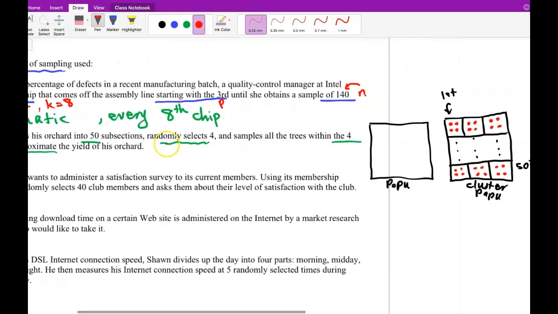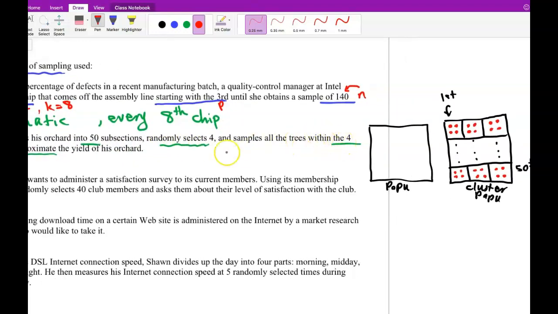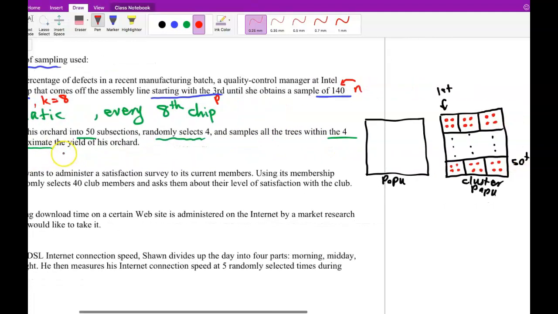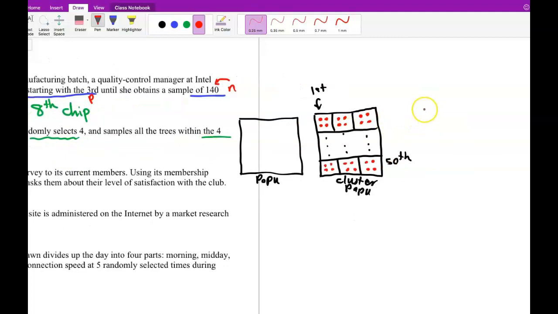Okay, and the point is that I have the same numbers here. He randomly selects 4 and samples all the trees within the 4 subsections. So here we have, let's say, chosen that one.